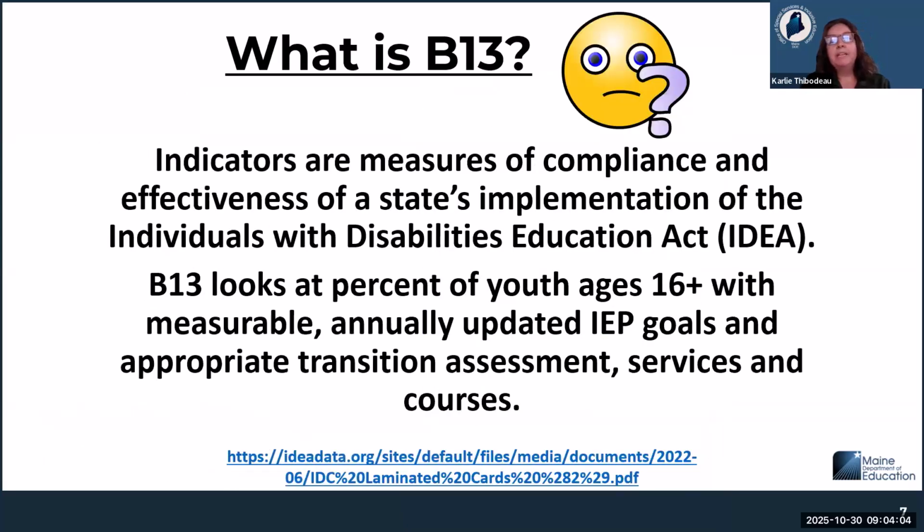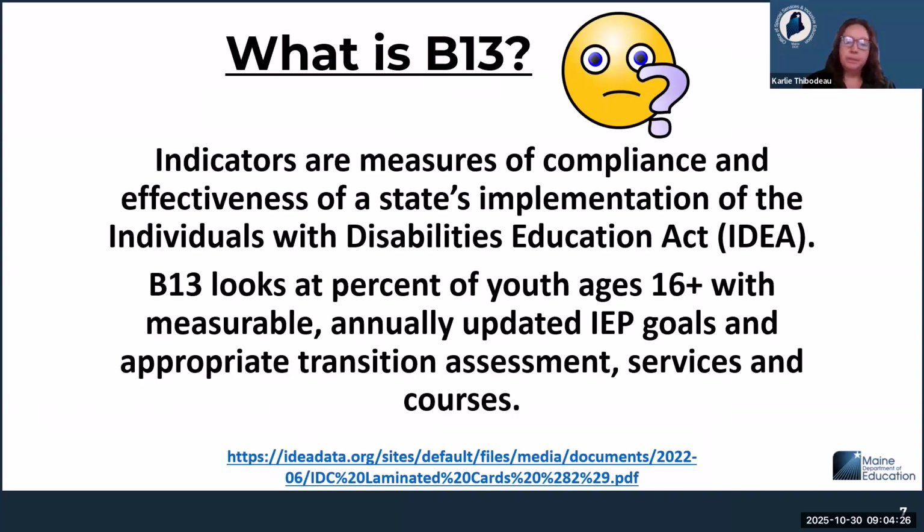And so basically, in that B13, if you were to look that up or Google it, you would see that it requires at the federal level that students aged 16 and older must have a transition plan in place. So that's what we look for, because we look for those federal guidelines.